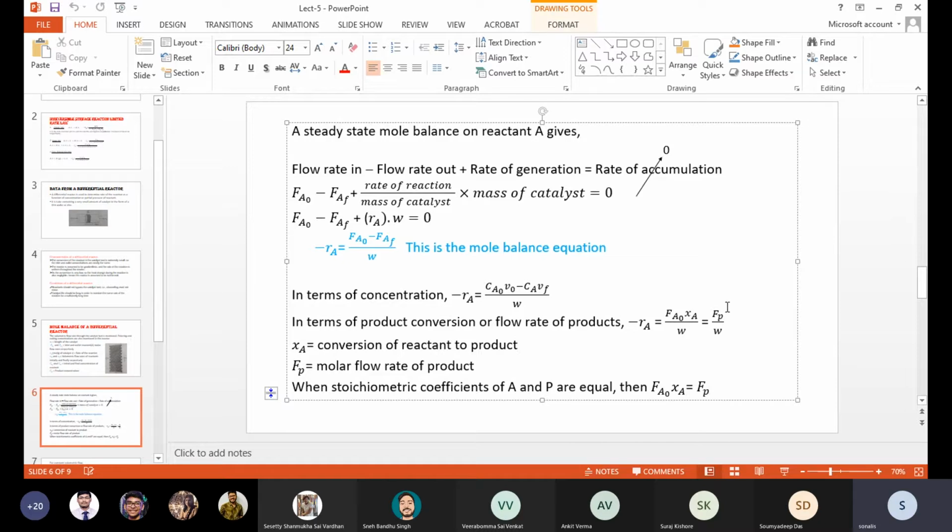So it is the molar flow rate of product. X is the conversion of reactant to product, Fp is the molar flow rate of product. When the stoichiometric coefficients of A and P are equal, say 1 mole A is giving 1 mole of P, then Fa0 into XA is equal to Fp. We have taken the same molar conversion. If it is different, then obviously some coefficient will come.